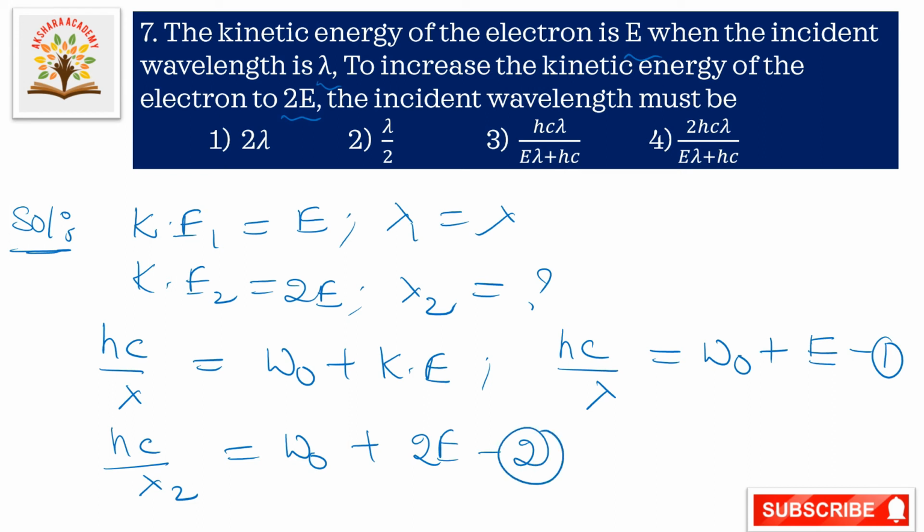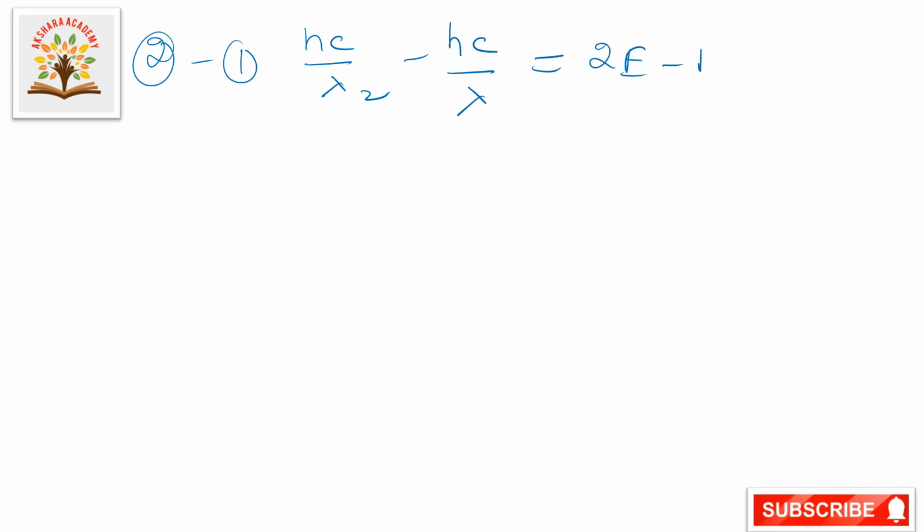Now equation 2 minus equation 1, we get Hc by lambda 2 minus Hc by lambda is equal to 2E minus E. So Hc by lambda 2 is equal to E plus Hc by lambda.